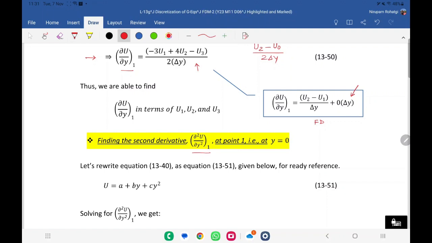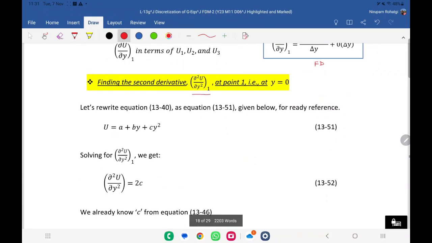How do we find the second derivative? If you find the second derivative, this is the equation, and this is the second derivative. Now remember one more thing, you do not know the function, this function u as a function of y, this you don't know.